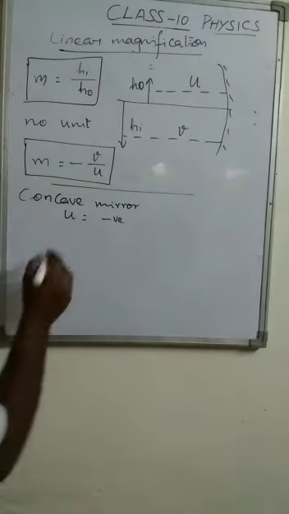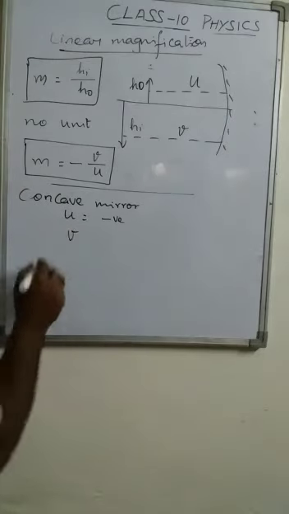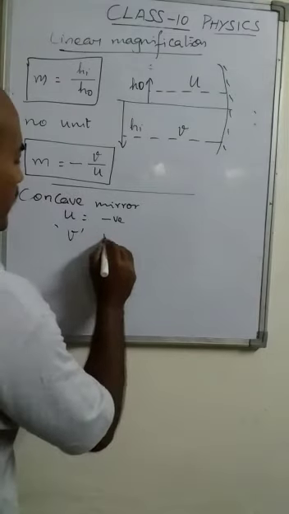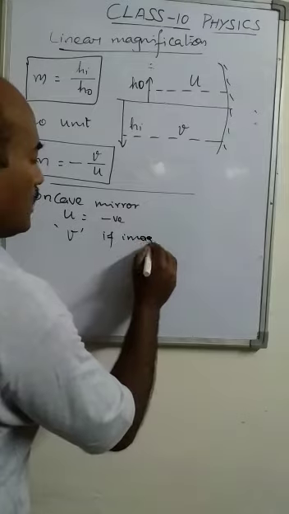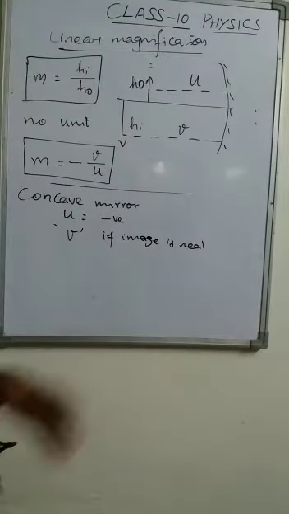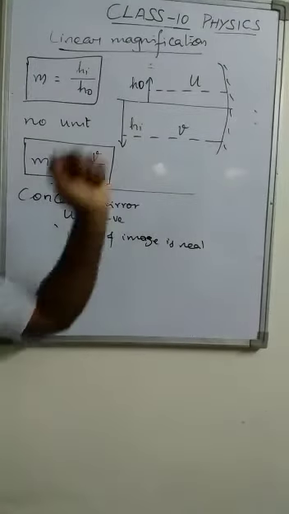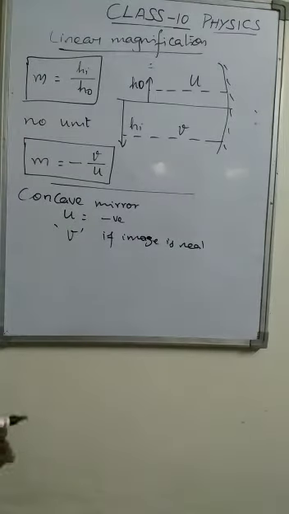Then v. If the image is real, it is formed in front of the mirror, so that distance is measured opposite to the direction of the light ray.